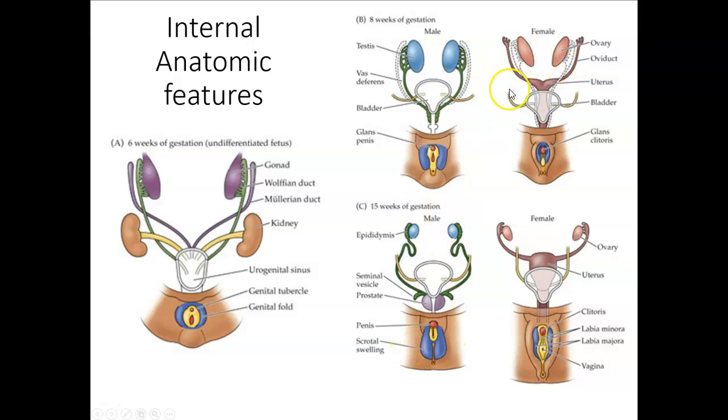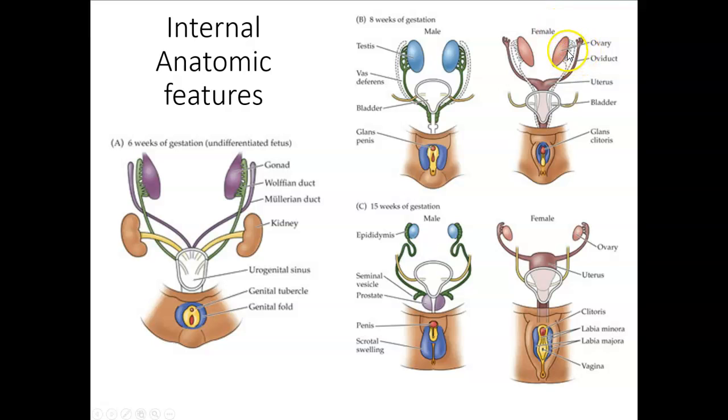In females, on the other hand, those undifferentiated gonads, which we have here, the Wolffian ducts are going to fade out, and those Mullerian ducts are going to take over. So they're not going to get the signal to become testes. They're going to say, okay, we're just going to continue on this pathway of becoming ovaries instead.